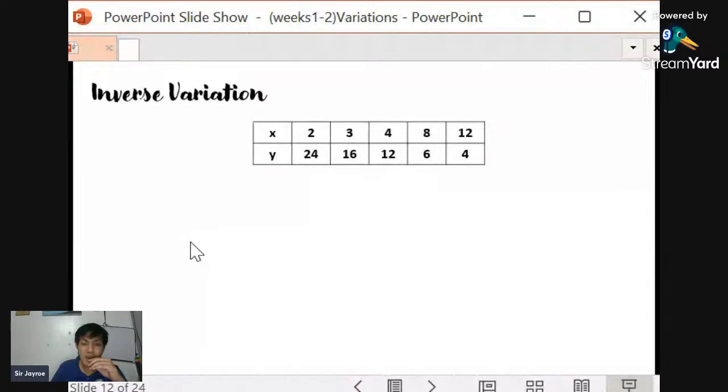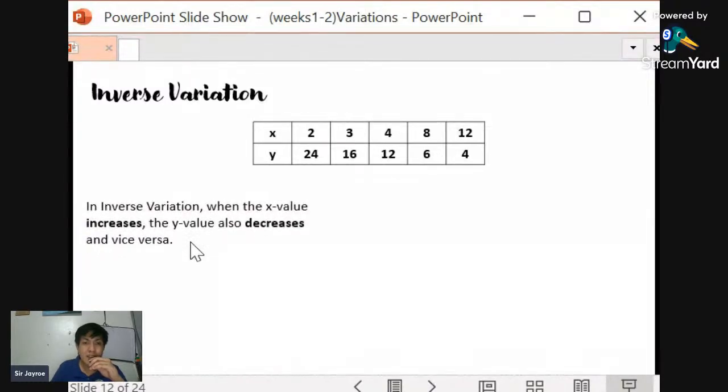So take a look at our table, yung behavior ng mga value. Ang x natin ay 2, 3, 4, 8, 12. So nag-increase yan. Ang y value naman ay nag-decrease: 24, 16, 12, 6, 4. So tama. Okay? Initial pa lang ha, it's not yet final.